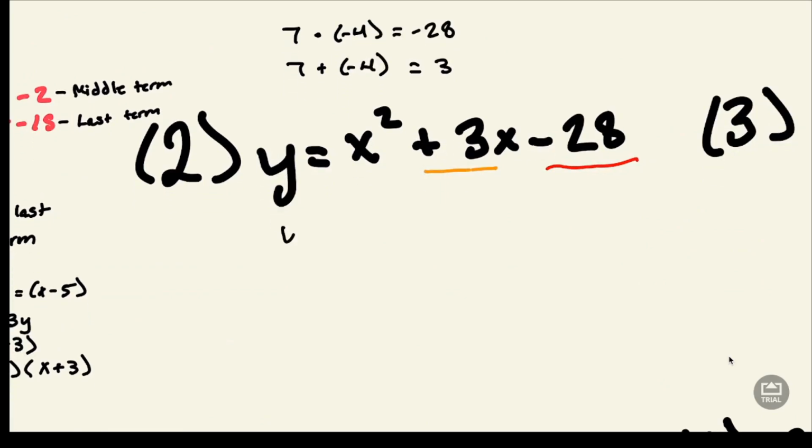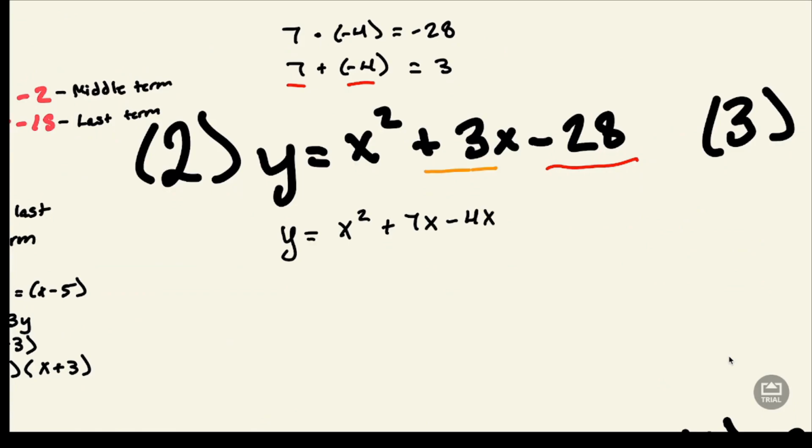So if we use decomposition, y equals x squared, and then we take these values and we just write them out again in that B type of section, right? Like by default, you have to add x to them. So you're going to be left with plus 7x minus 4x.